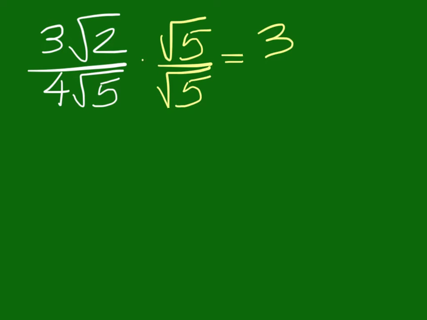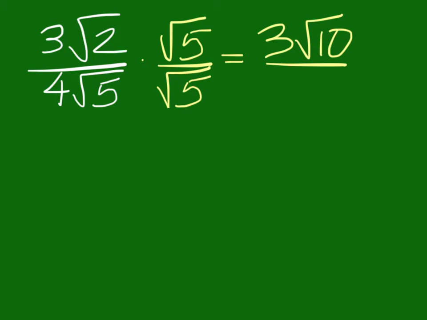Example 1. Since we have a square root on the bottom, we have to multiply the top and the bottom by that square root. So that's going to be square root of 5 over square root of 5. That doesn't change anything because it's 1, but it gives us a different look. So 3 square root of 10 on the top, that comes from square root of 2 times square root of 5 to get square root of 10.